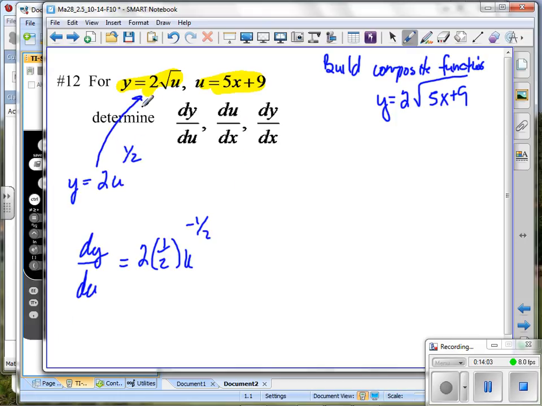So this one is coming from there. If I'm going to do du dx, which function am I going to use? I'll look for the one that has the input of x and the output of u. So that's going to come from this one. And so du dx is simply 5. Okay. Oh, thank you.